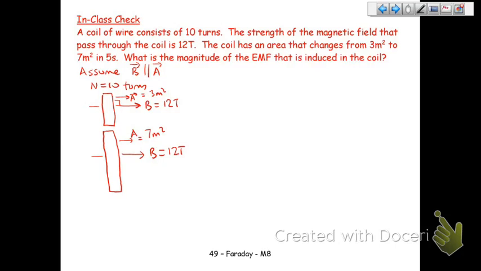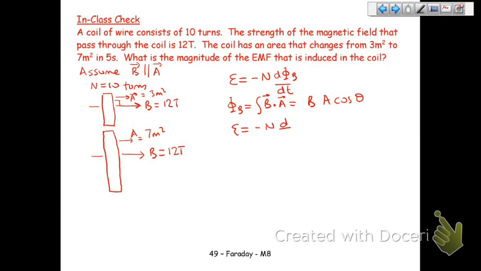And what we say is, okay, let's have a look. Faraday's law, minus N d phi B by dt, and phi B is equal to the integral of B dotted with A, which equals B A cosine of the angle between. Those are two vectors. So E is equal to minus N d by dt of B A cosine theta.